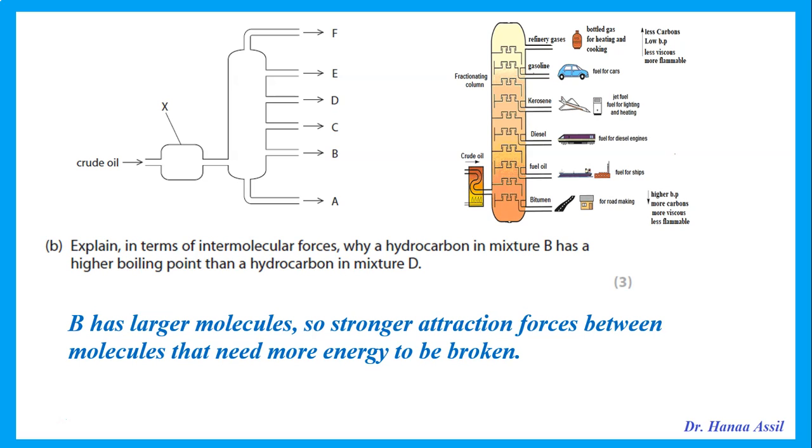All of these are simple molecular structures, they're not giant, but as we go down, the molecules are larger and larger, so there are stronger attraction forces between molecules that need more energy to be broken, or a larger amount of energy to be broken.